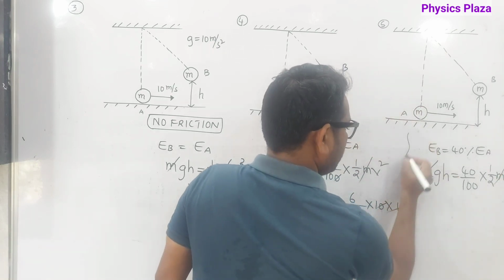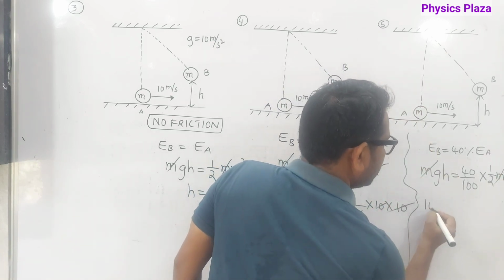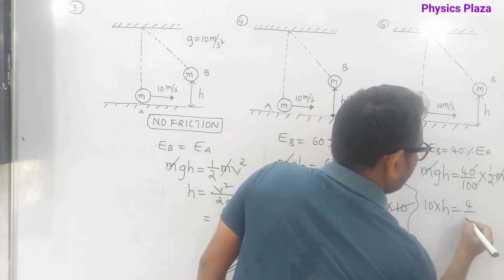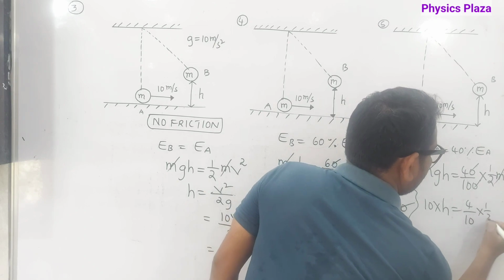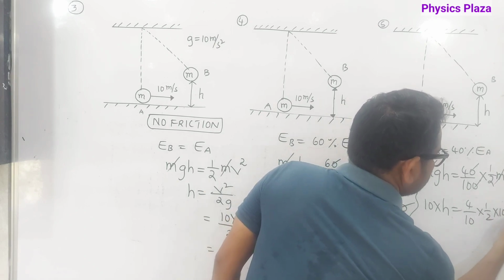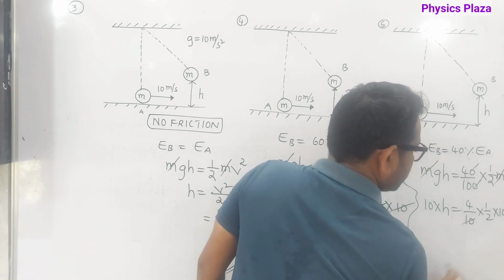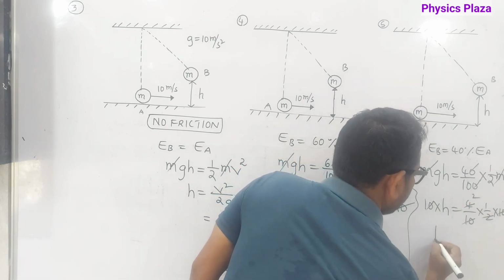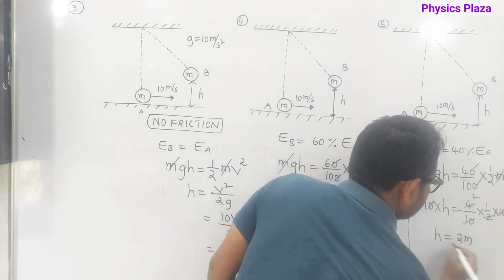M cancels. Now let us simplify this. 10 into h is equal to, 0 cancel, that is 4 by 10 into half into 10 into 10. So 10 gets cancelled. 2 ones are 2, 2 twos are 4. Here height is equal to 2 meters.